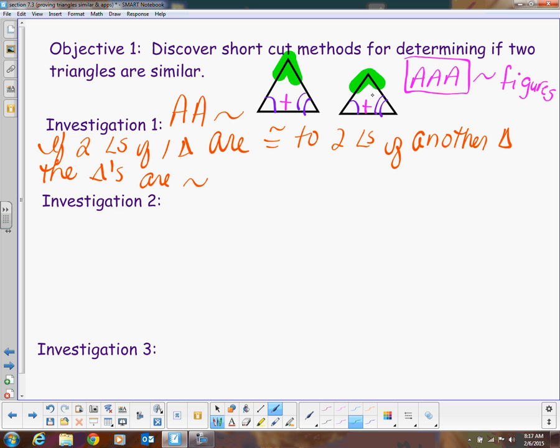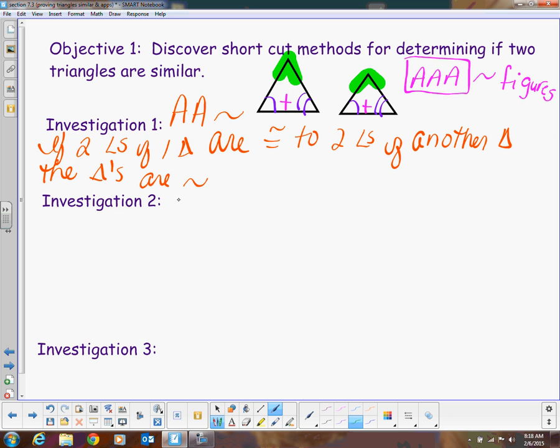Then the sum of these angles is 180. So when you subtract from 180, does it force those to be congruent? So when you do angle, angle, it's actually angle, angle, angle similarity. Okay? But we don't have to do angle, angle, angle, but why? Because two angles force that third angle to be congruent.